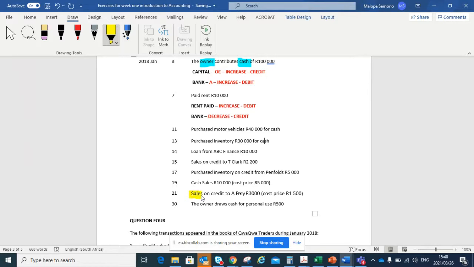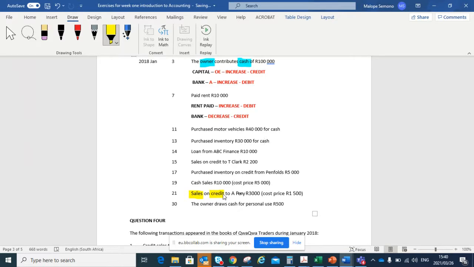Guys, the minute you see the word sales, it means you sold inventory. I repeat. If you say sales, just know that you sold inventory. No other thing, only inventory. So we sold inventory on credit.